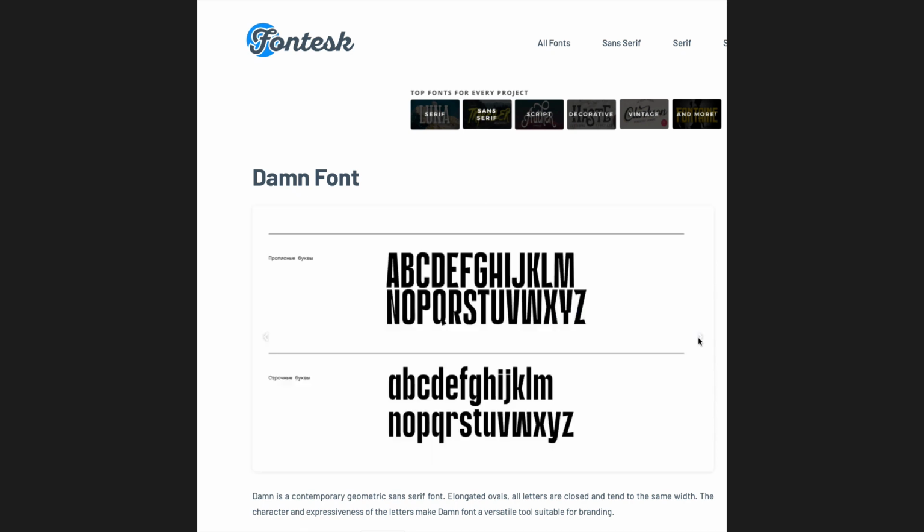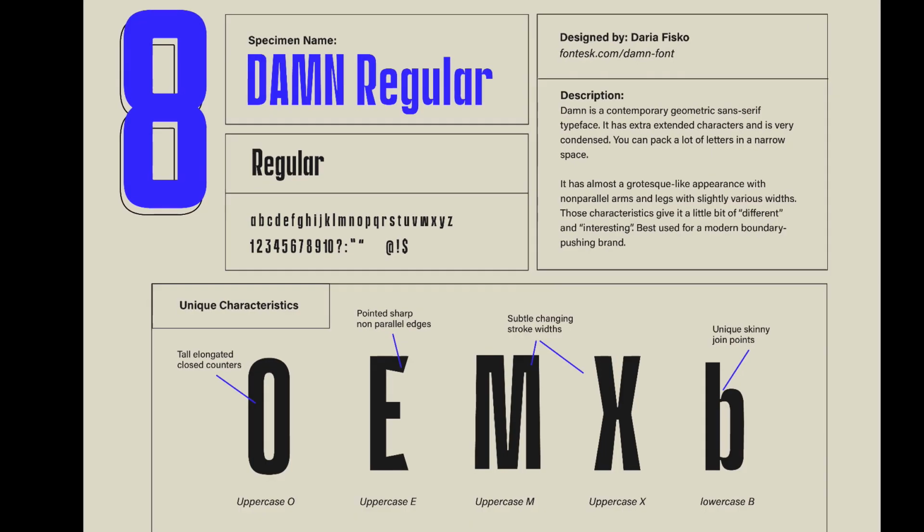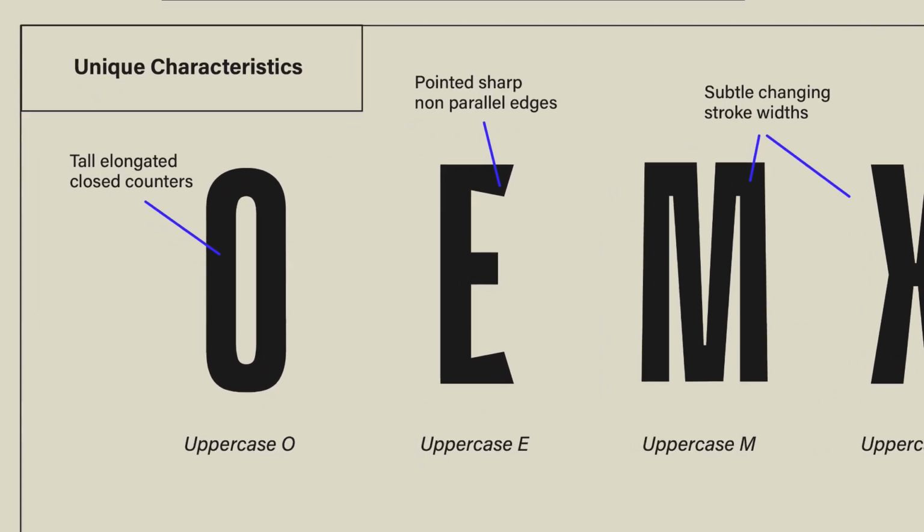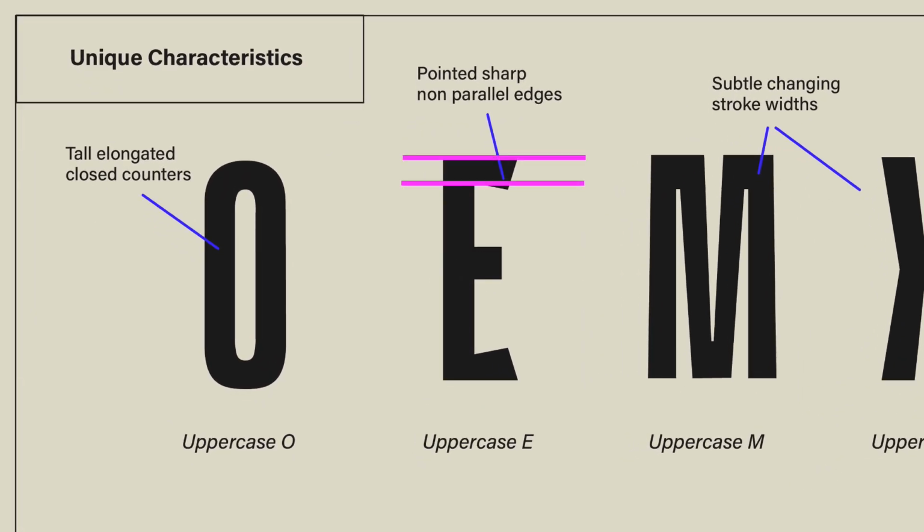So this is literally the opposite of the last typeface we went over. And it has almost a grotesque-like appearance with non-parallel arms and legs. Not everything is perfectly parallel, and has slightly various widths. Those characteristics give it a little bit of different and interesting, and best used for very modern boundary-pushing brands.